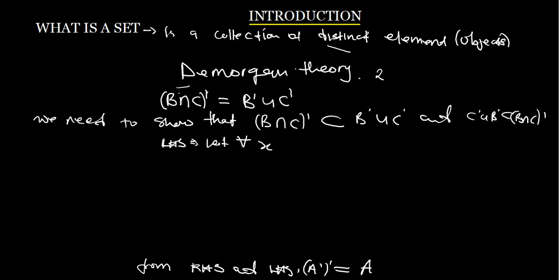You can even use this letter, let me just use the same letter I like. So let x be a member of B intersection C, open bracket complement, like that.